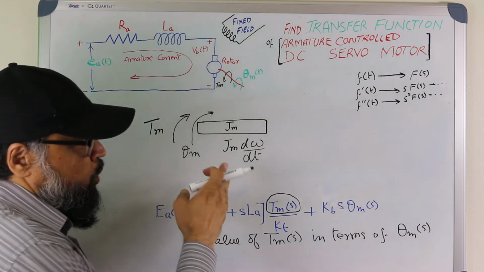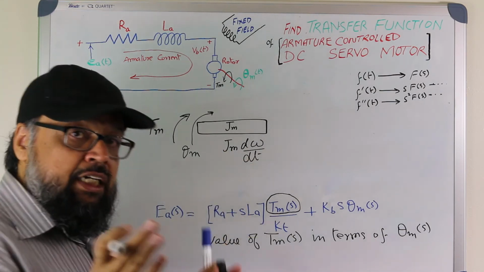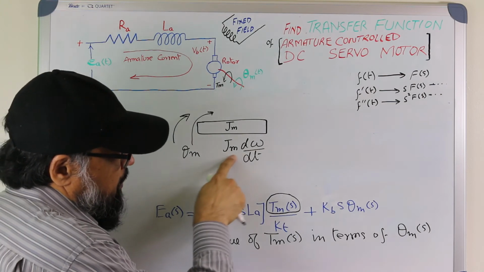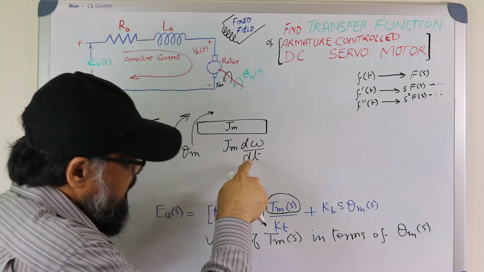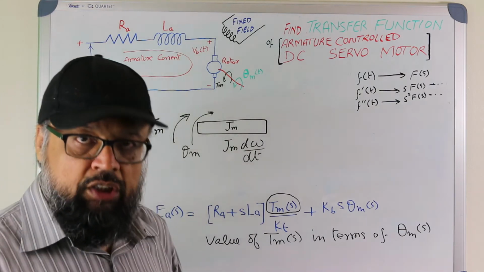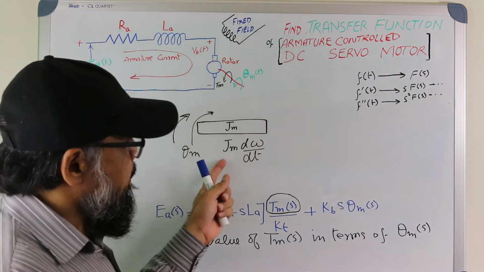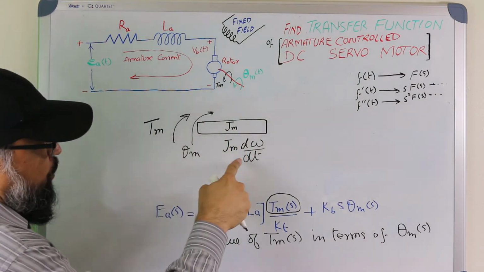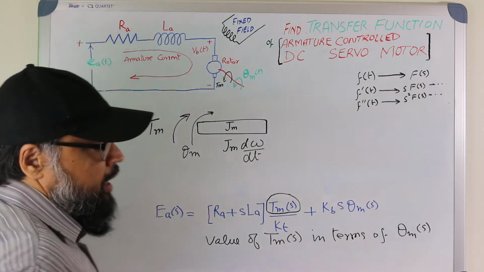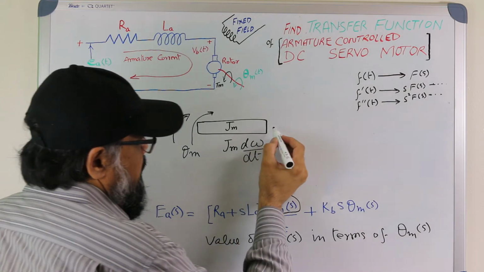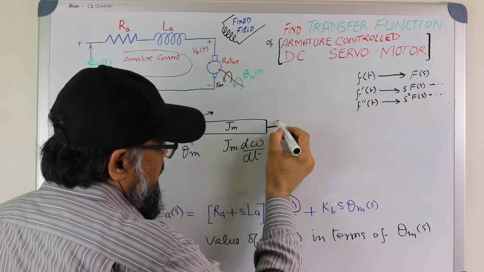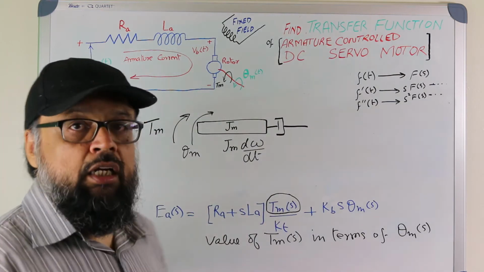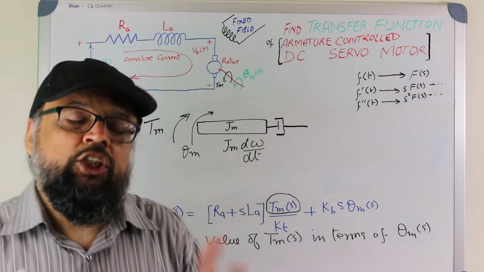It's not an exact comparison, but you can say that this is just like mass and acceleration in the linear motion. So this torque has to overcome, number one, this thing, and number two, there should be an associated damping with this, and that is called viscous damping or the friction.